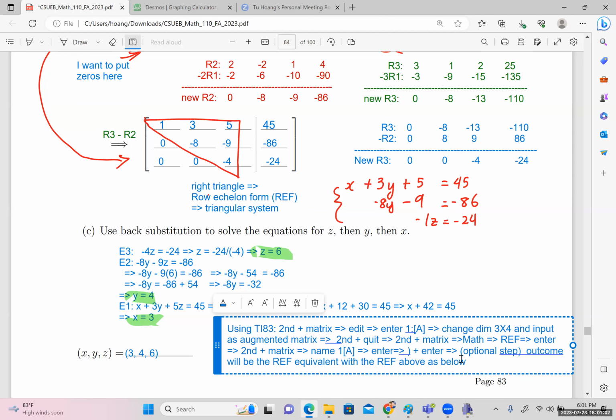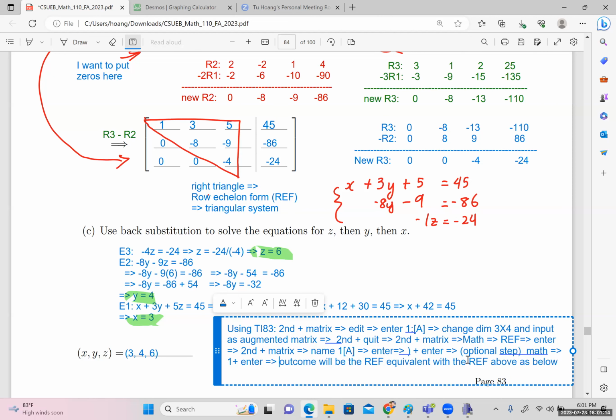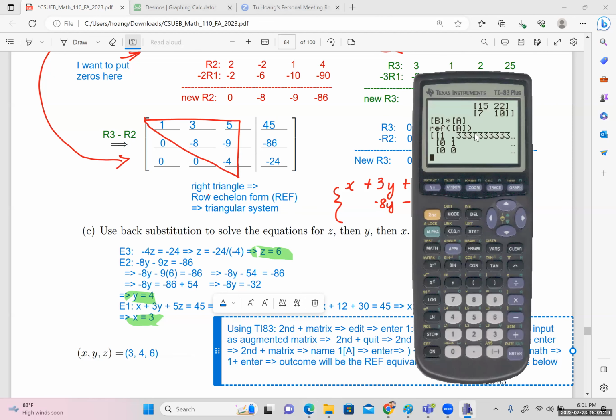So click math and 1, plus enter. All right, let me show you. So now I have some fraction or decimal things. Click math and 1 here. Enter.